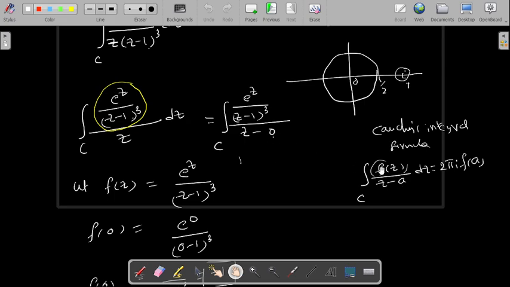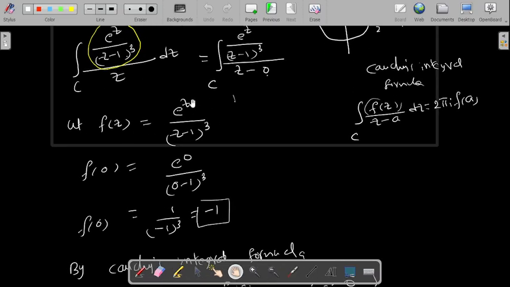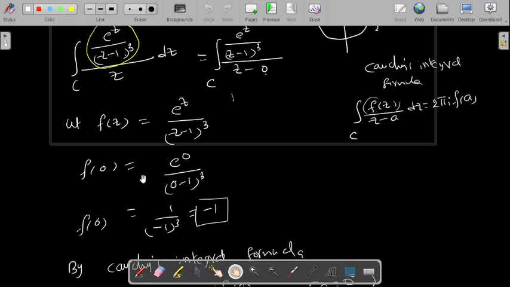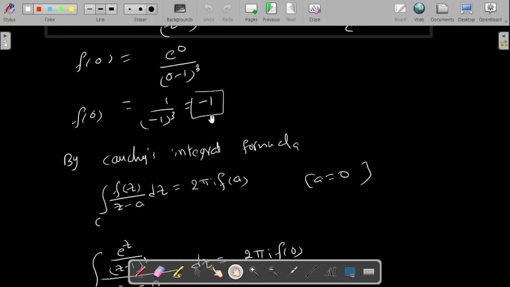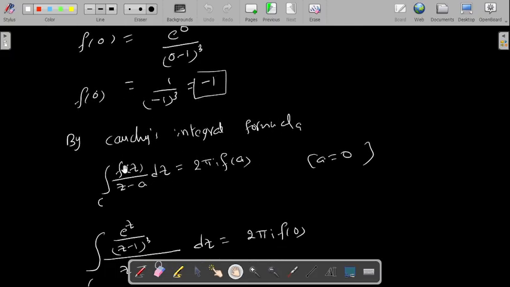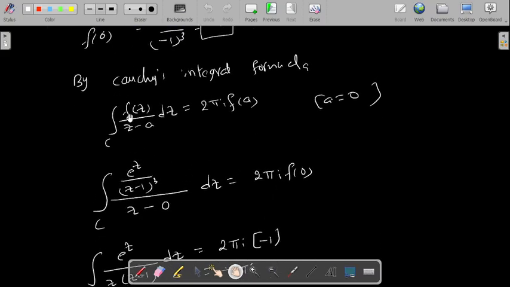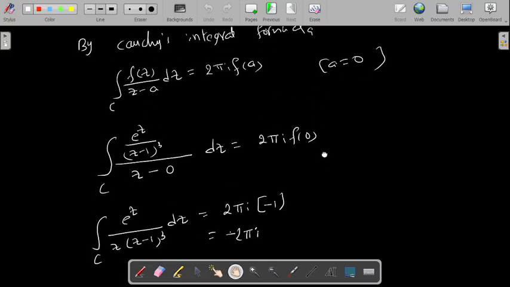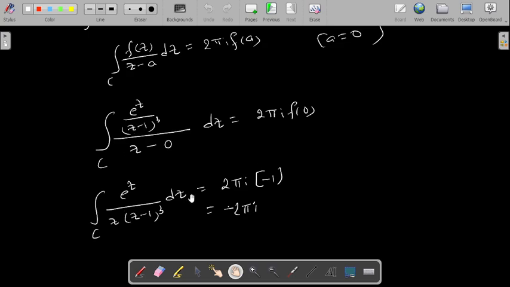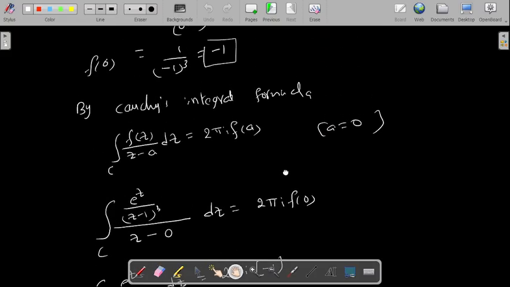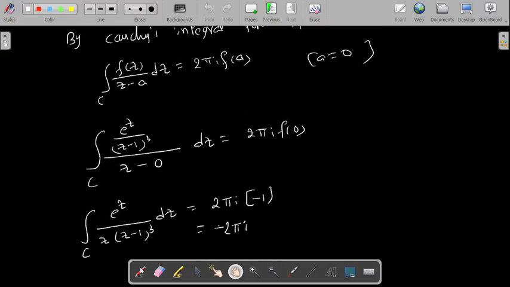Here a is 0 and f of z is e power z by (z minus 1) whole cube, so f of 0 is minus 1. The denominator factor comes back as usual, so the integral equals 2 pi I into f of 0, and f of 0 is minus 1. So both ways you get the same answer.